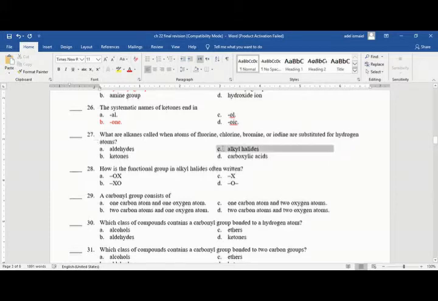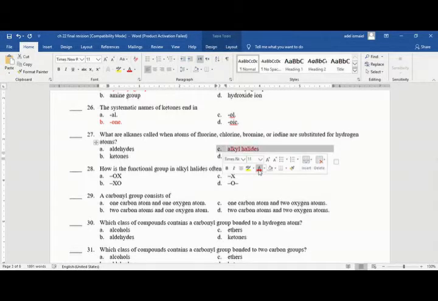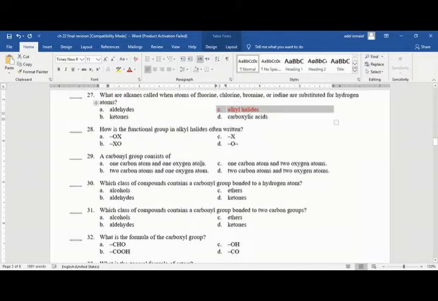Alkyl halides, RX, if you remember that. How is the functional group in alkyl halides often written? RX, as I explained before, but he's talking about the halides. So what X stands for.